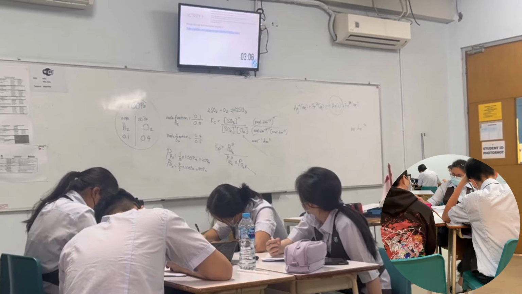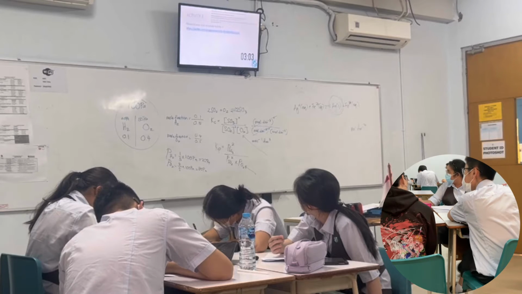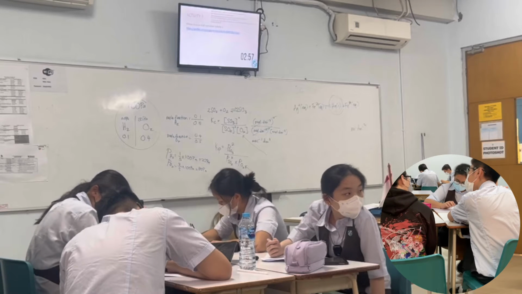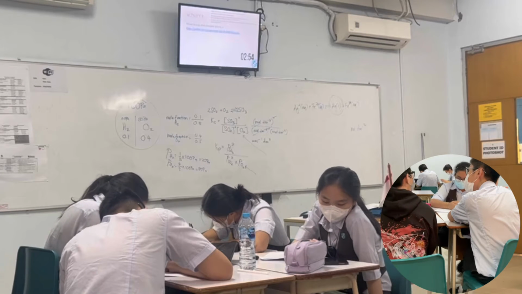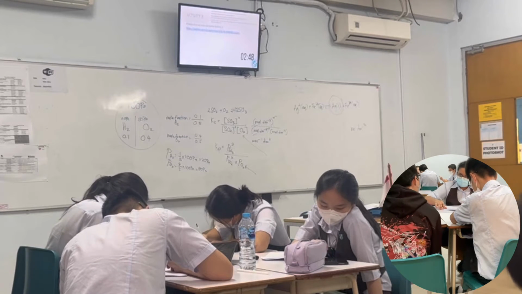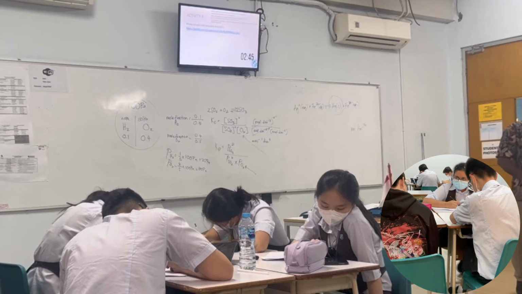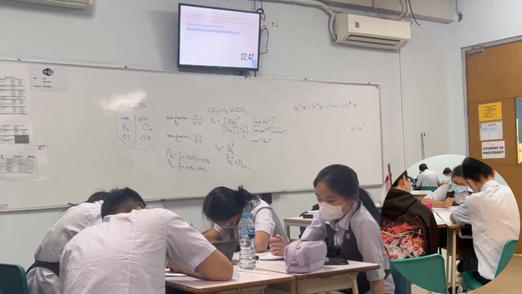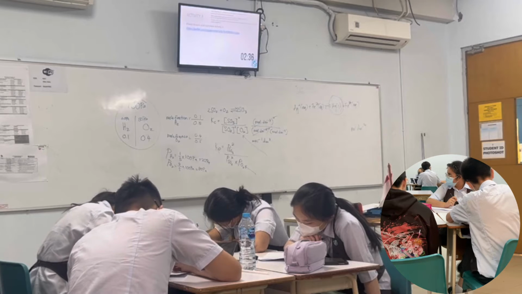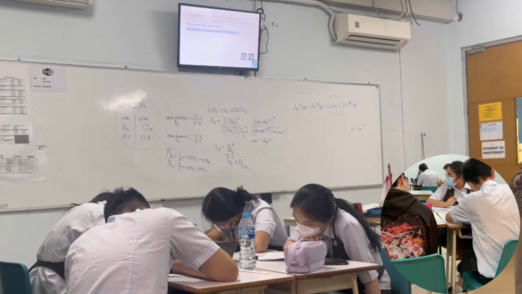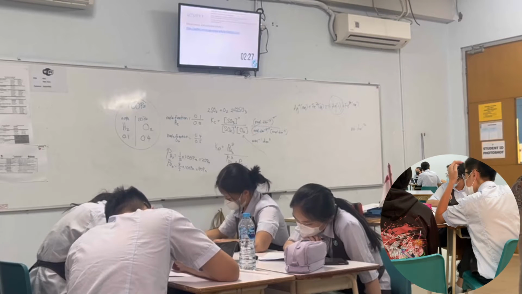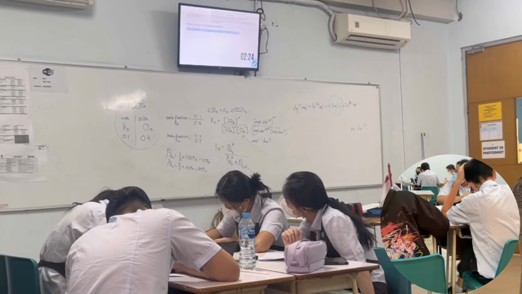So you just need to calculate the concentration. 2 and 4, you cancel. To the power of 2, to the power of 4. So to the power of negative 2, right? Check your conversion of units. Negative 2, so you bring it in, mole negative 2, dm to the power of 4.